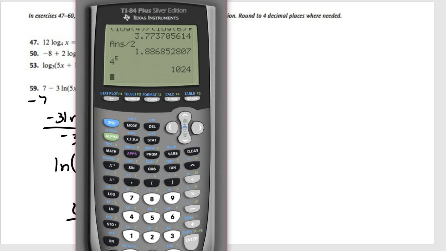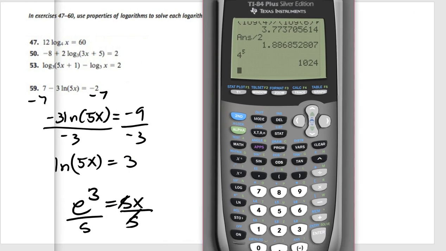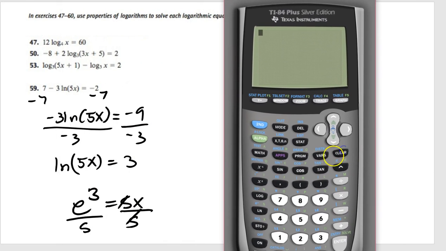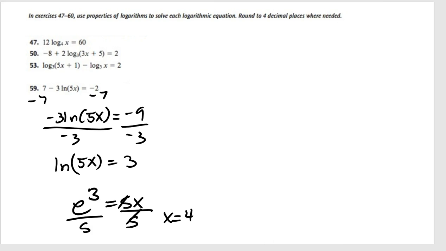Use my calculator. So I'll say second natural log cubed, enter, divided by 5, and I get 4.017. I just noticed it says 4. I had only done 3, so be careful on yours and do the correct decimal places. Okay.